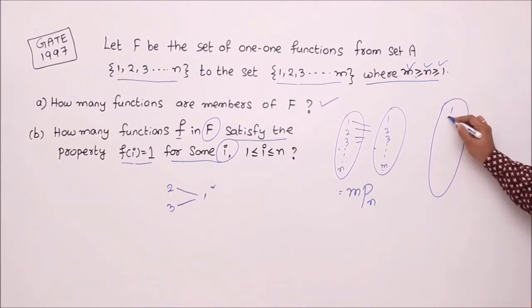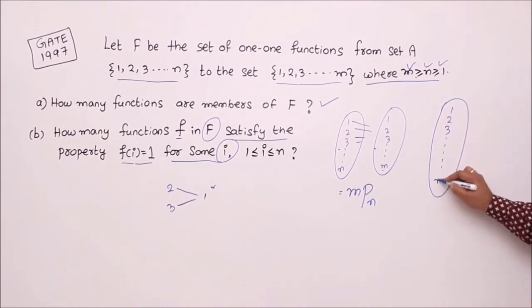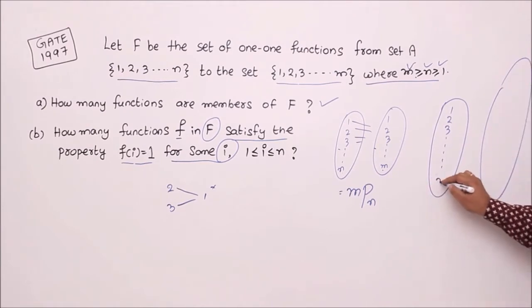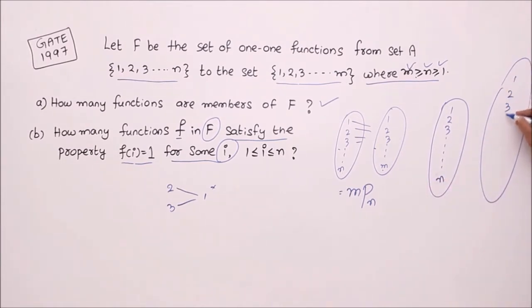This is your 1, 2, 3, so on, n, and this is 1, 2, 3, so on, m. So how many ways can we map one-to-one functions so that exactly one element maps to 1? So we do this problem like a task sequence.